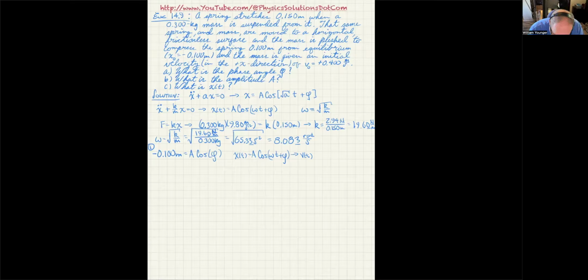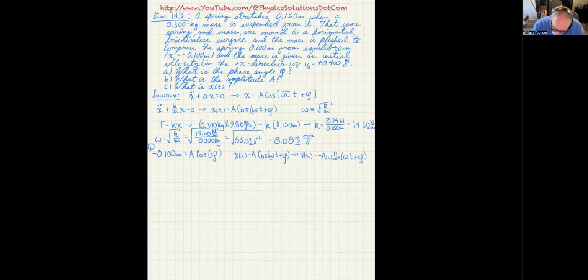But the main thing is we need the velocity as a function of time because that's one of the initial conditions. So when I take the derivative of x of t, the derivative of cosine is negative sine, so that becomes negative A omega sine omega t plus phi. That is our velocity as a function of time.